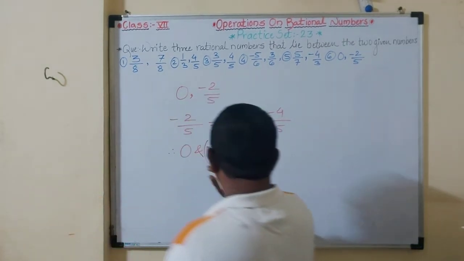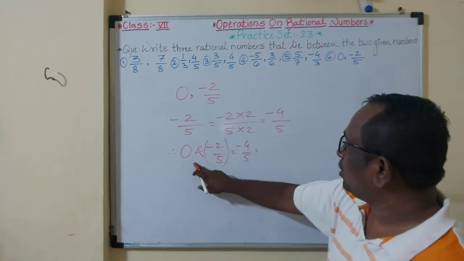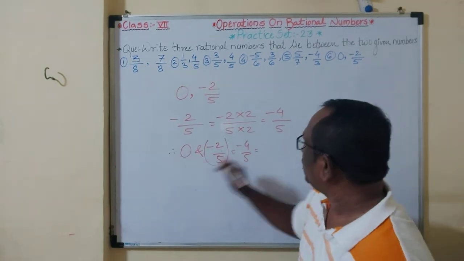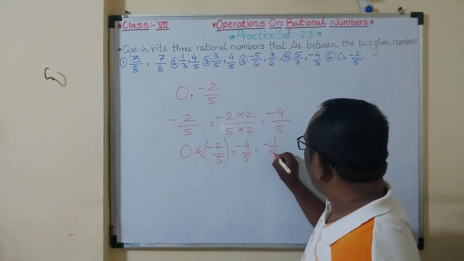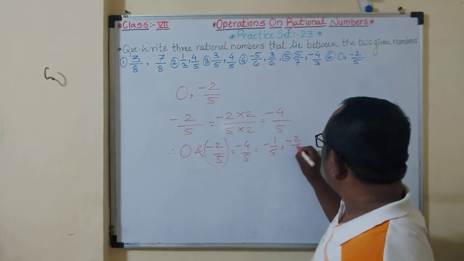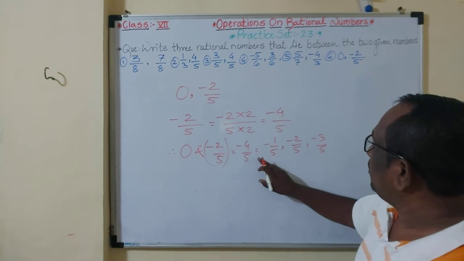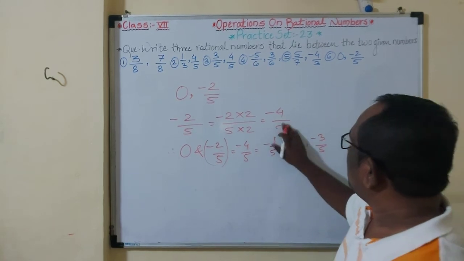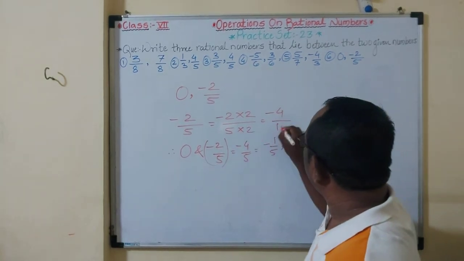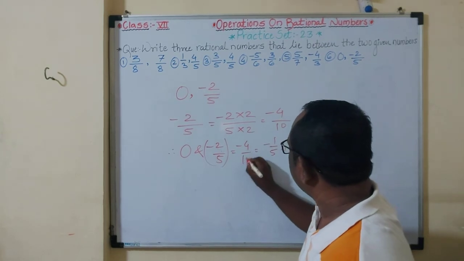Now after 0, before minus 4 upon 5, we have minus 1 upon 5, minus 2 upon 5, minus 3 upon 5, and then here students, 5 2s are 10, here the denominator is 10.